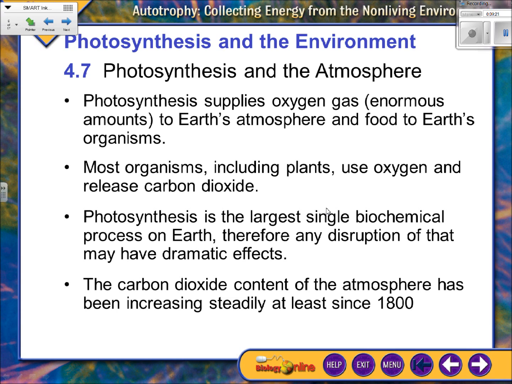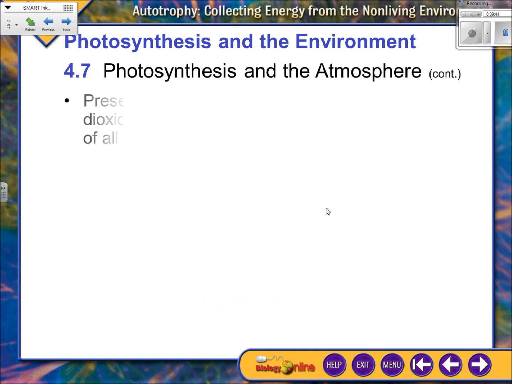So since the 1800s, we have been watching a steady increase in carbon dioxide. And we can talk about this more later. I know it's pretty controversial, which is an interesting story on how it got controversial. But the fact is, since the 1800s, carbon dioxide is increasing.